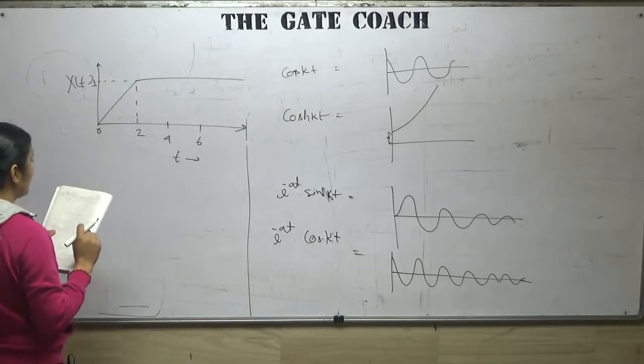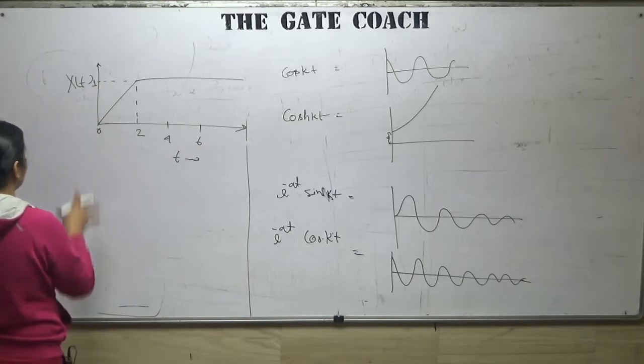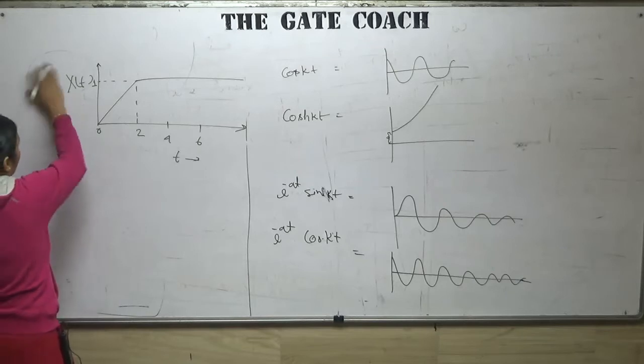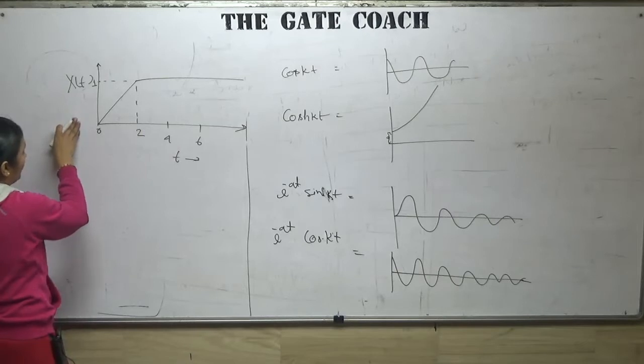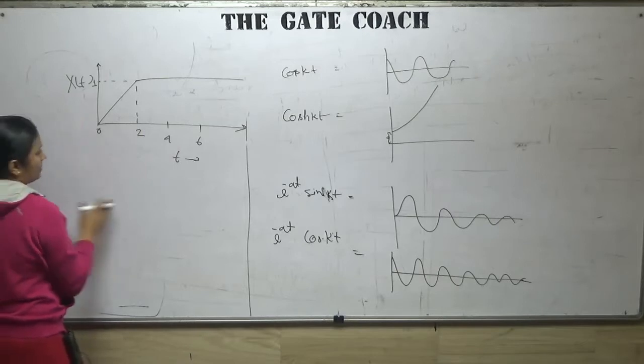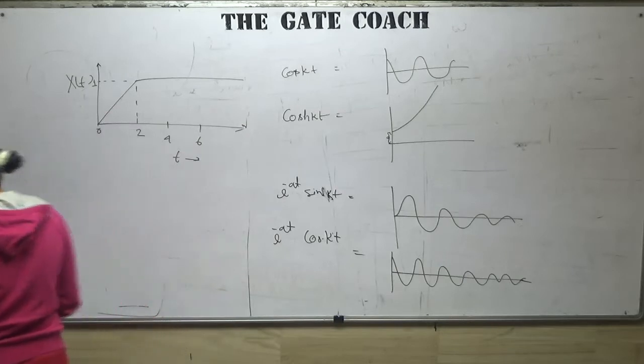You have to take the Laplace transform of the input function x of t given in the figure below. The input forcing function is given to you, and you have to calculate the Laplace transform for this. The graph is given to you.